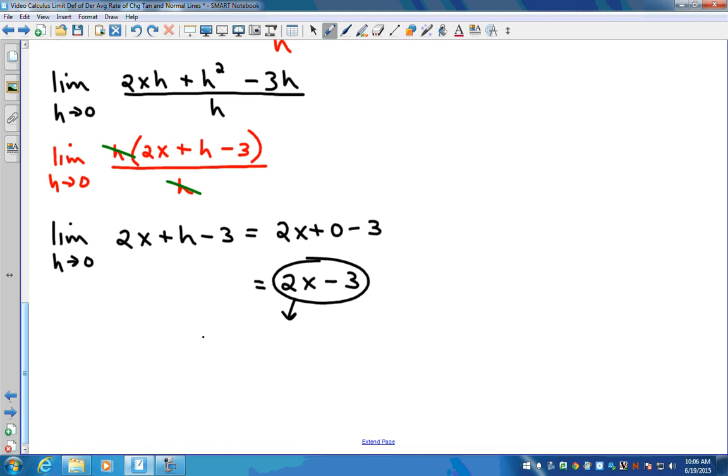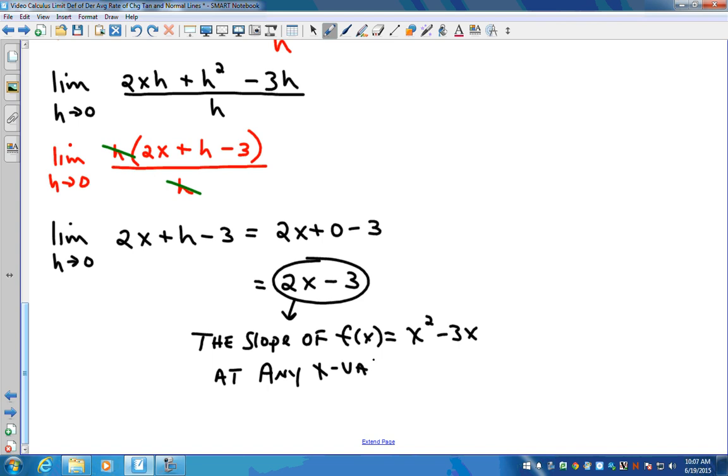I'll write that down. This gives us the slope of f of x equals x squared minus 3x at any x value.